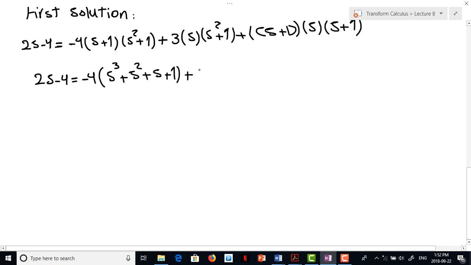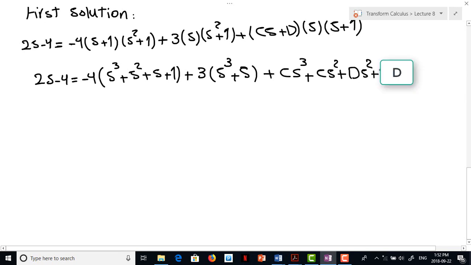For the second term we have 3 times s cubed plus 3s, plus s. And for the last one we have cs cubed plus cs squared plus ds squared plus 1.